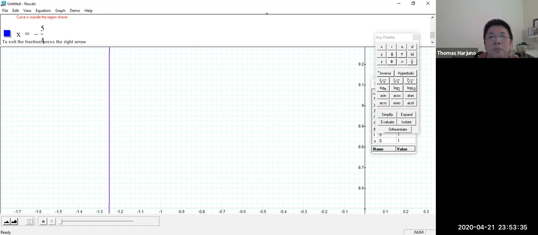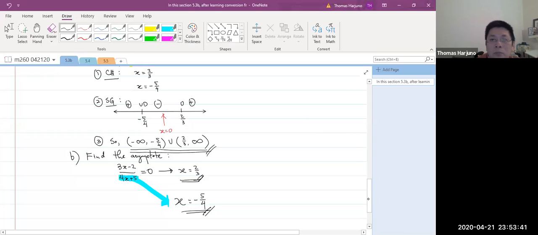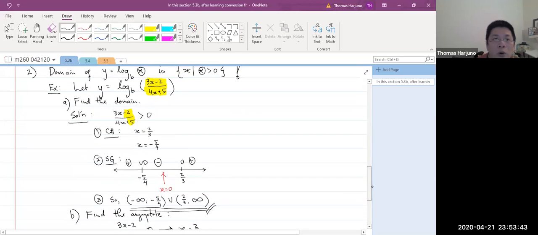Okay, now let's go back to our notes. If this is the equation, then to find the domain, we need to set the argument to be positive.